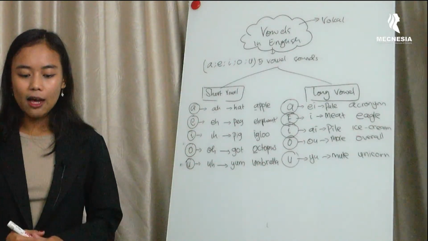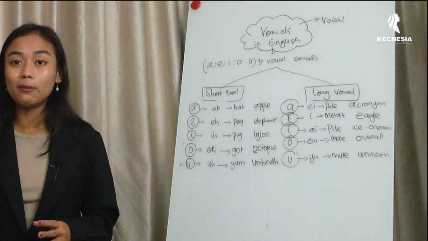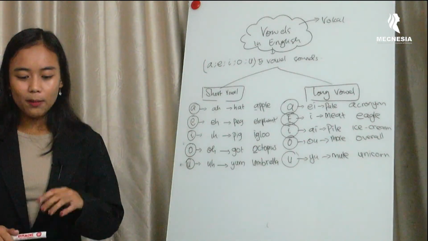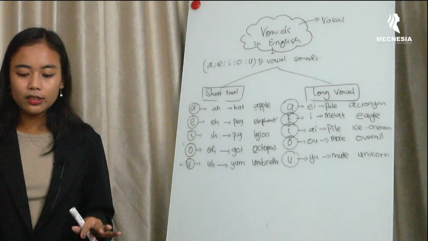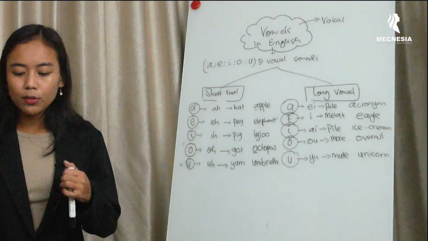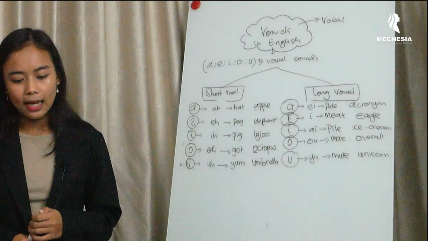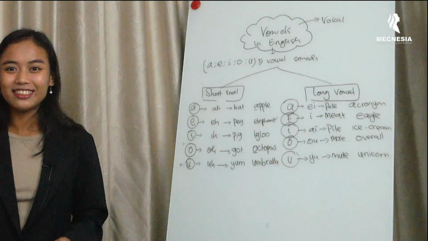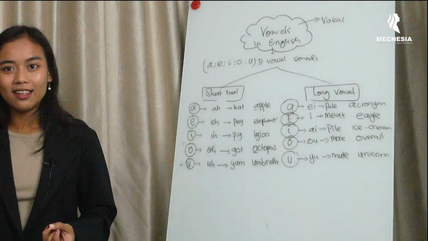So here we have an example sentence. Terus di sini kita punya contoh kalimat. Okay, for example, no way. That dress is on sale for 1 day only. But I'm not able to fit into it. I blame all the cake I ate yesterday. Let's read it one more time. No way.